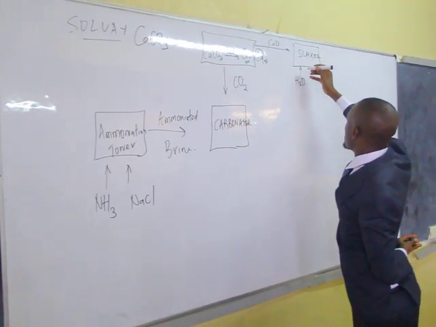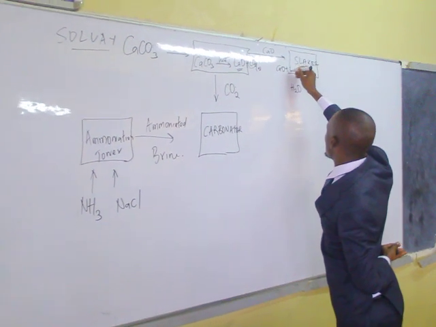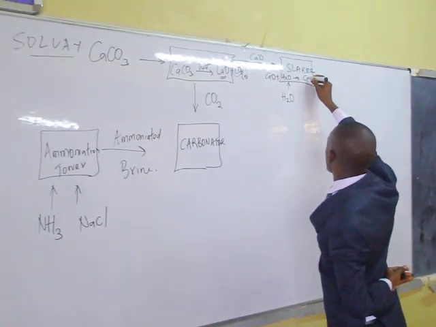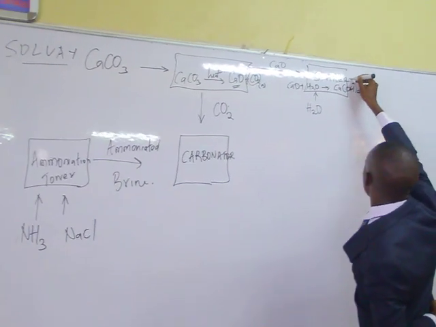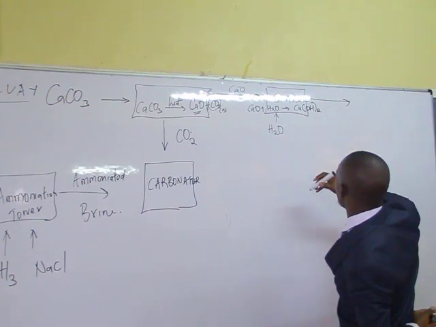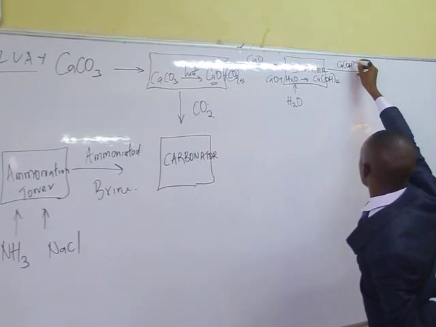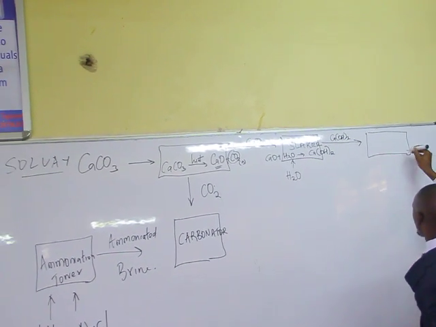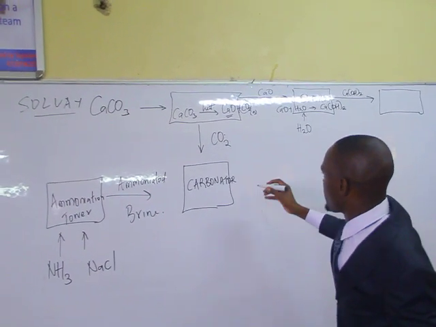The equation in this chamber is calcium oxide reacts with water that is added to this chamber to form calcium hydroxide, which will be taken to the next chamber. So here, I will write calcium hydroxide to another chamber, which you are going to know what will happen there afterwards.